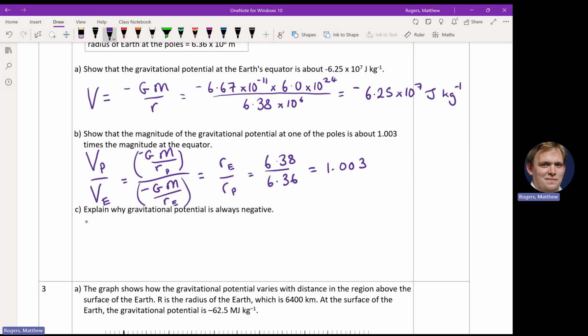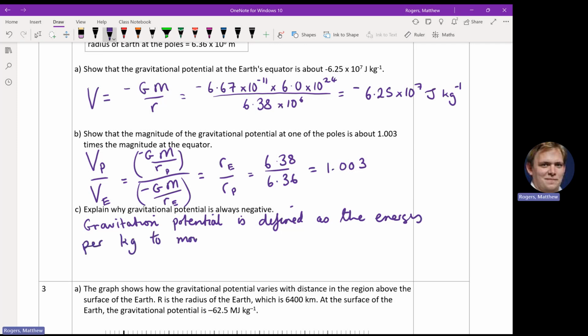So the gravitational potential is defined as the energy per kilogram to move an object from infinity to a point in the field.